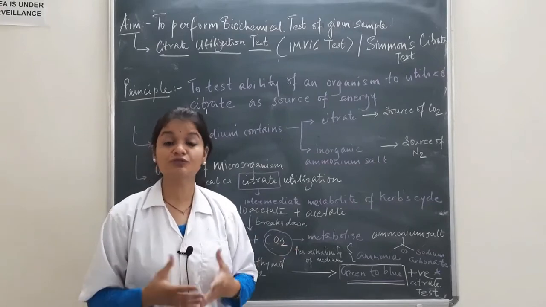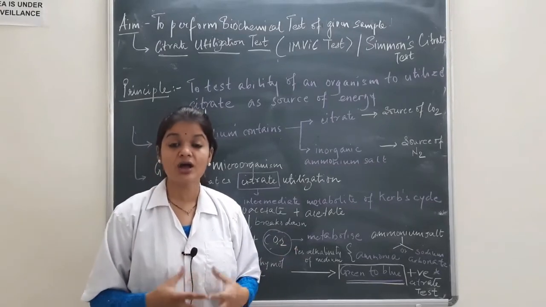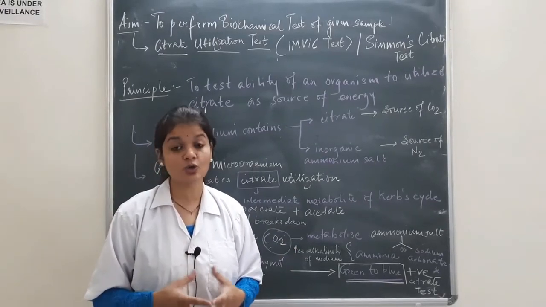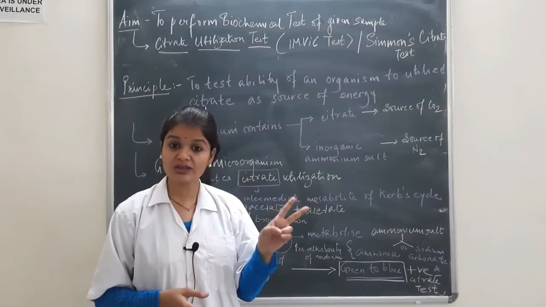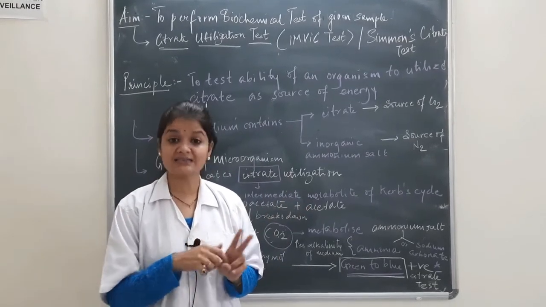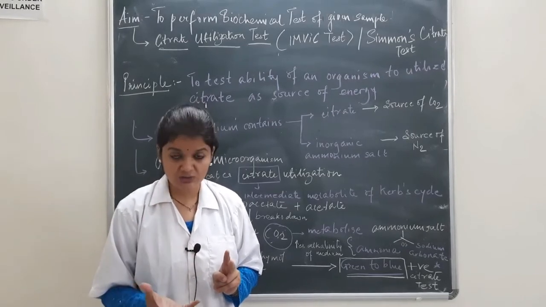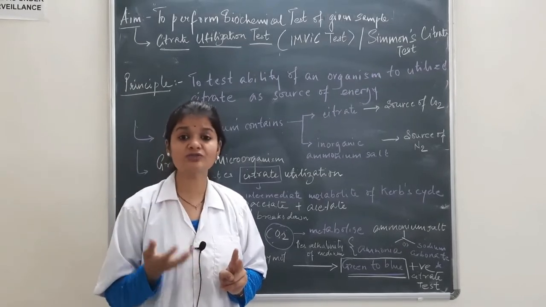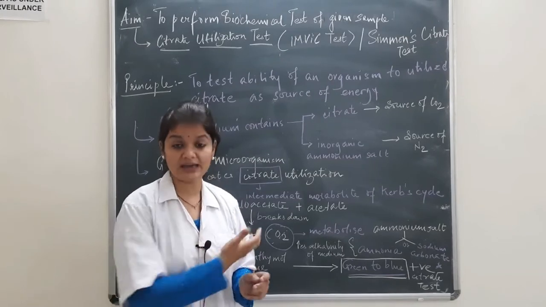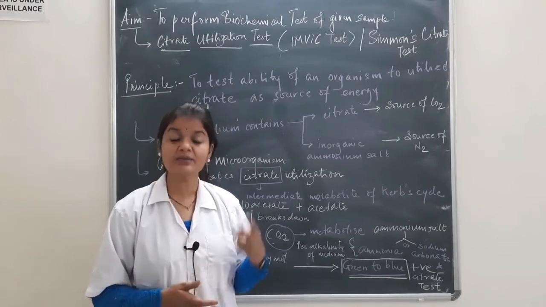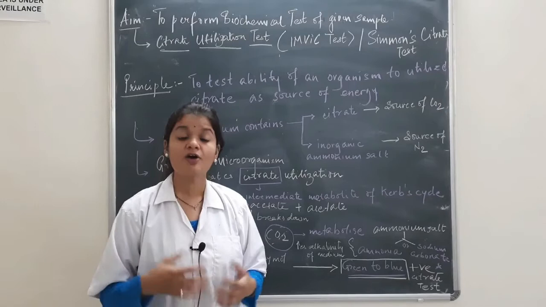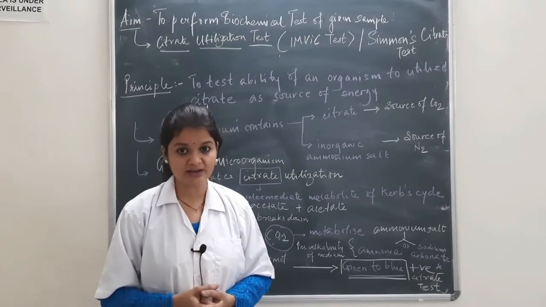It is also used for differentiation of different organisms like Enterobacteriaceae. So for two things it is utilized. First, to determine the source of energy, or how much energy is being utilized for the growth of the microorganism, and second, to differentiate between different Enterobacteriaceae.